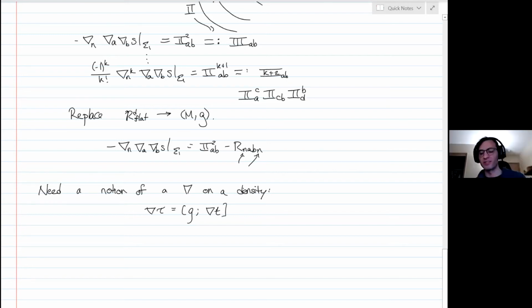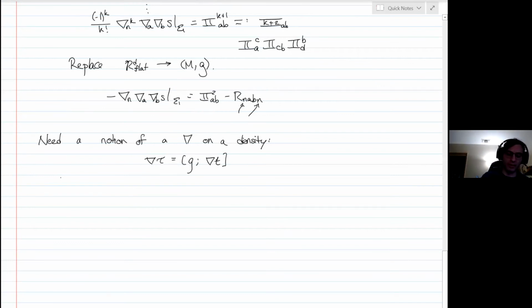It's not quite a density, but because we're only going to be dealing with conformally invariant things anyway, this is a totally fine thing to do. There is a rigorous definition of all of this, but I'm going to shove that under the rug because I'm already running out of time anyway. So with that said, we can just start hitting the defining density with derivatives. Let's start and see what happens.